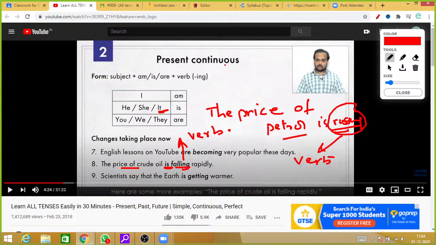So, it is. Scientists say that the earth is getting warmer. So what is getting warmer? The earth. Earth is the noun here. And these days, because of global warming, it is getting warmer. So these are changes which are taking place now. Or the pollution is increasing.